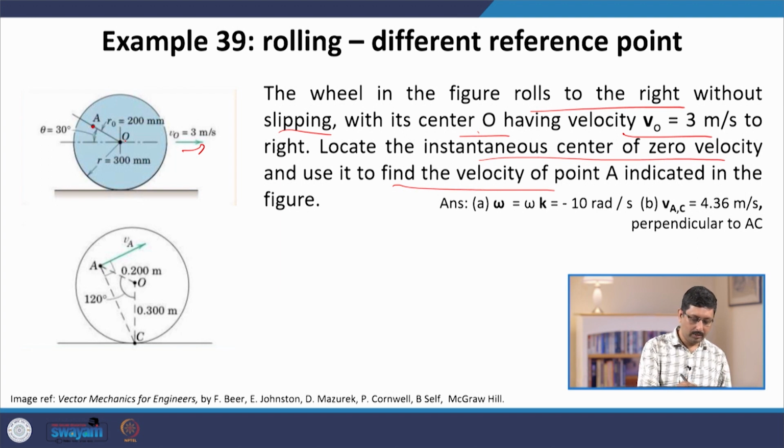Its location is at a distance r naught equal to 200 mm from the center O in a direction 30 degree as shown in this figure. The radius of the wheel is r equal to 300 mm.